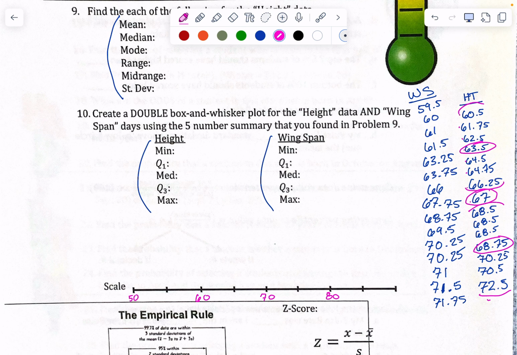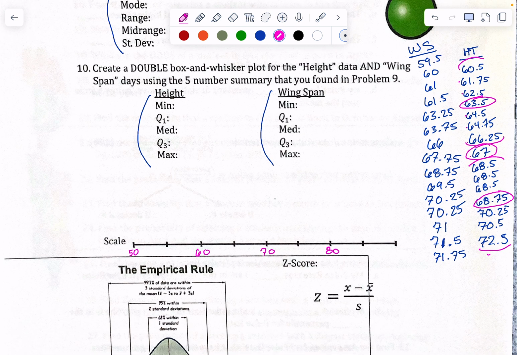Does it matter which one's on the top and which one's on the bottom? No. Not really. My middle 3, right? For my dots. Yep.